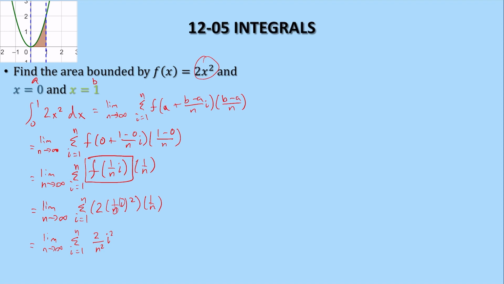And that is times 1 over n. So then that becomes 2 over n cubed, i squared.